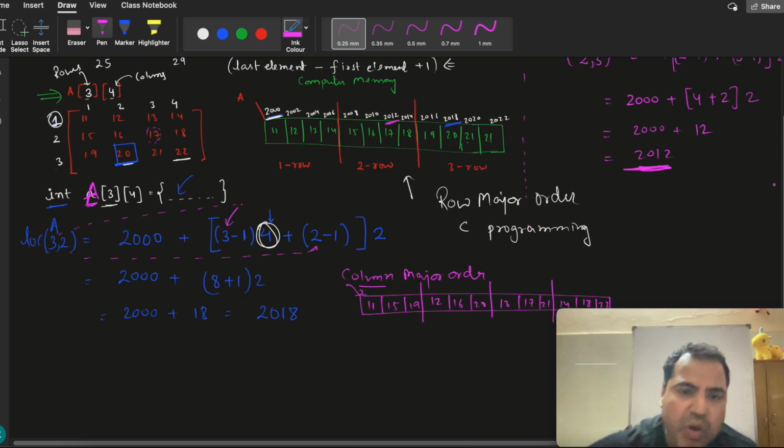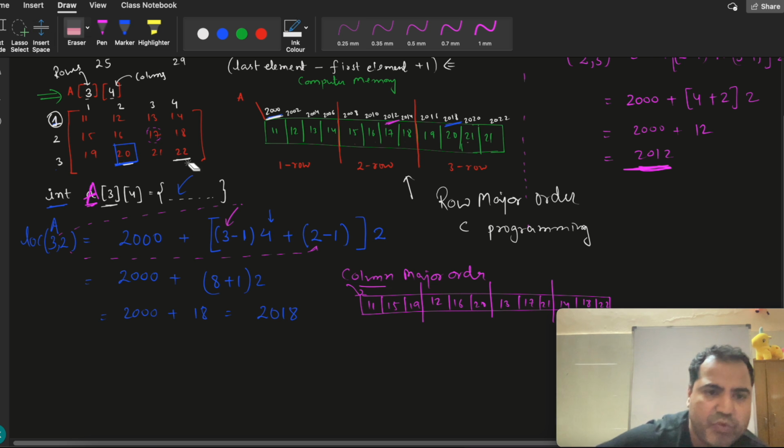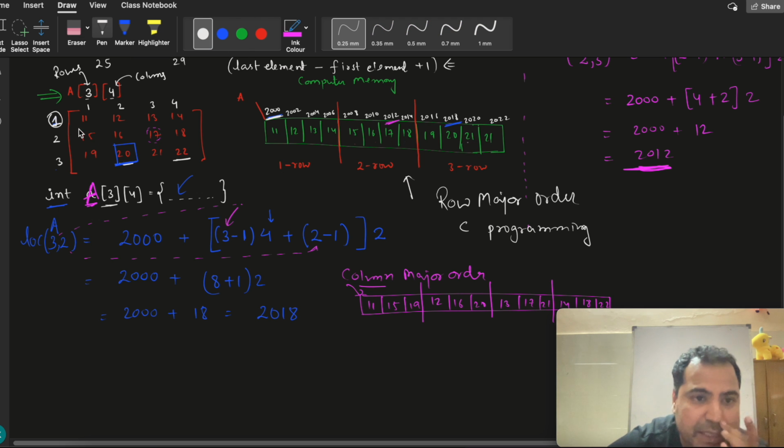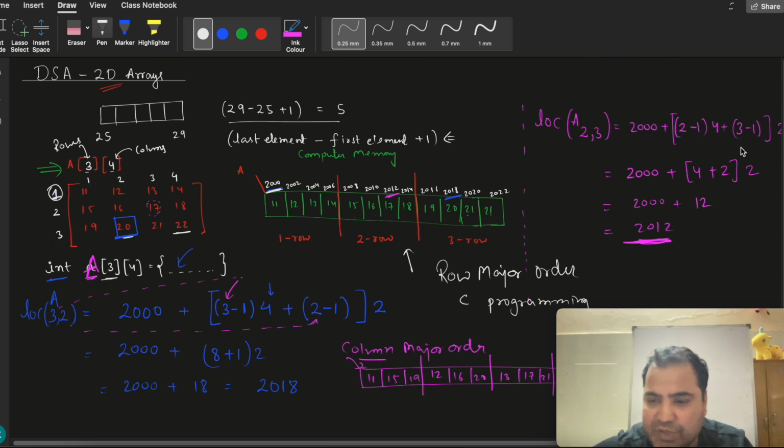There is one point I want to make here. In our array, the starting row number is 1 and the starting column number is 1, so that is how the formula comes nicely, like 2 minus 1, 3 minus 1.